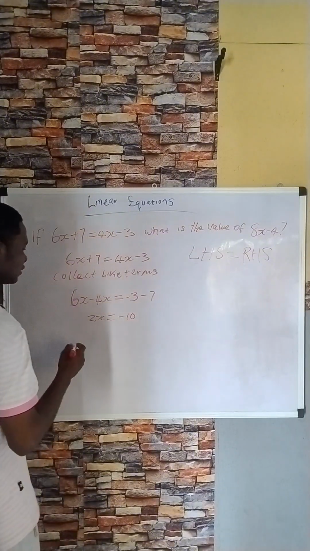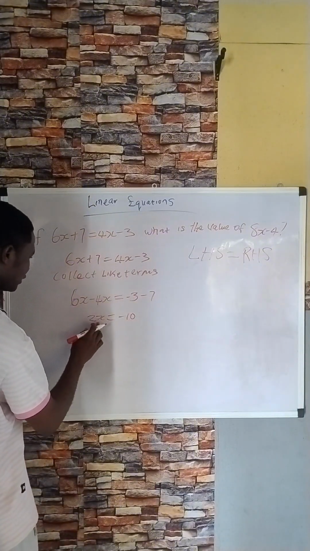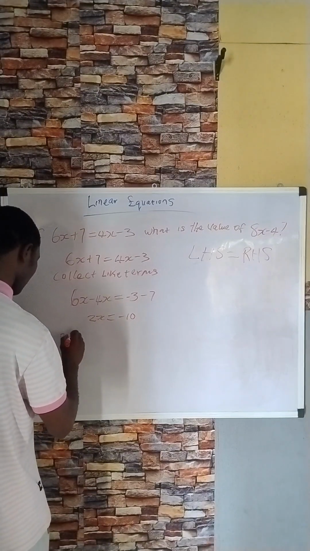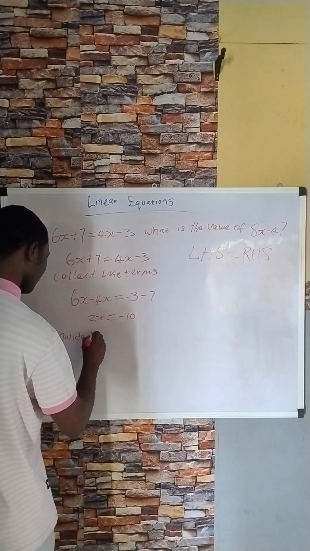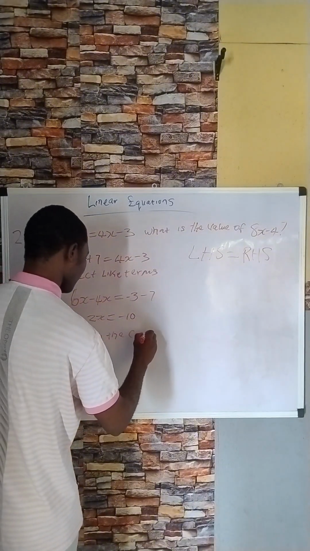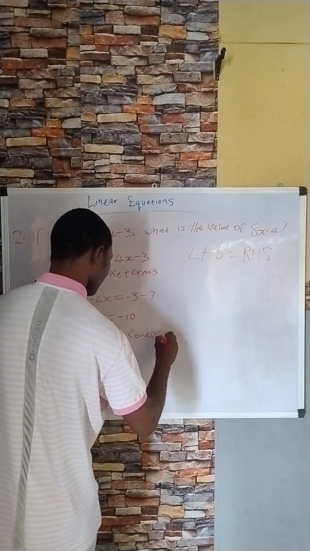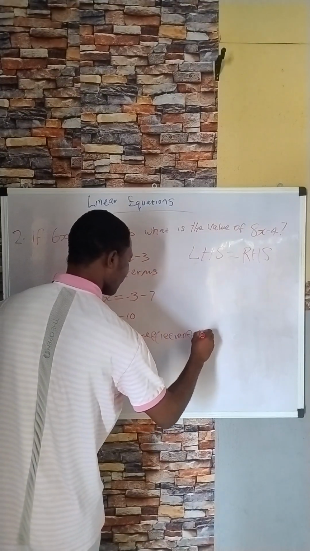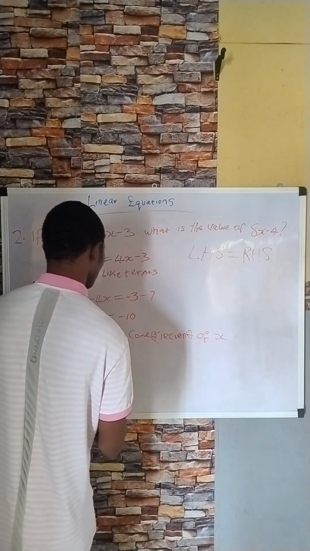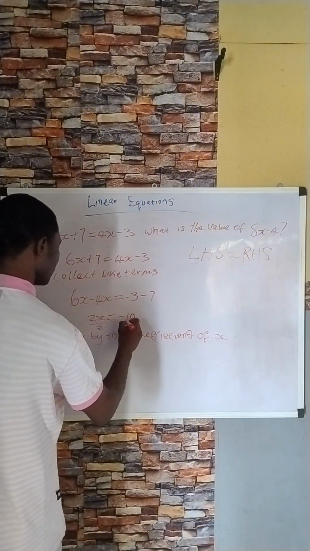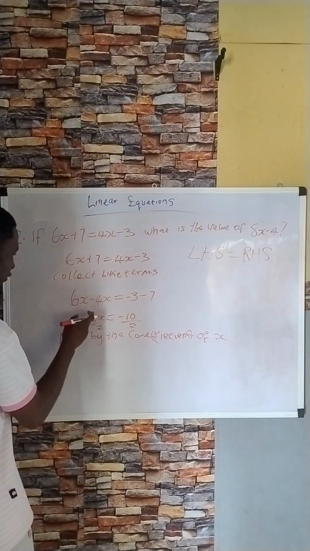So divide by the coefficient of x to get your answer. What we'll do here is divide both sides by 2. 2 is the coefficient of x.